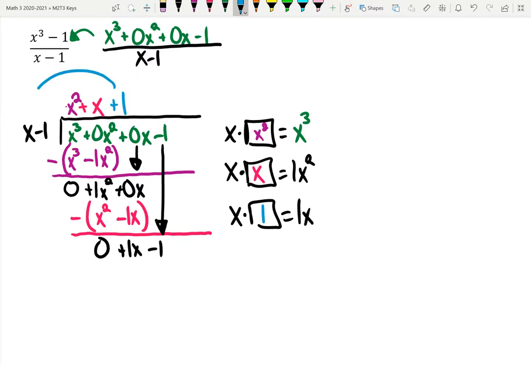So, like before, I distribute it to both parts: 1x and negative 1. And after I distribute, it's going to result in 0. A negative times a negative is a positive, with 0, meaning my remainder is 0.